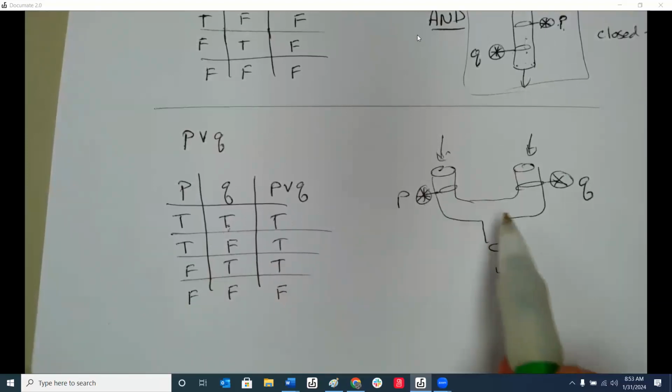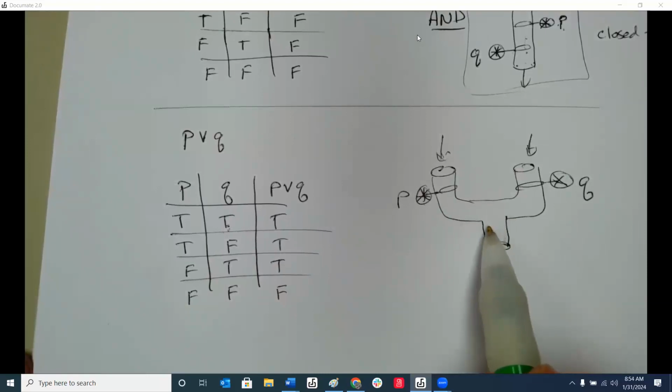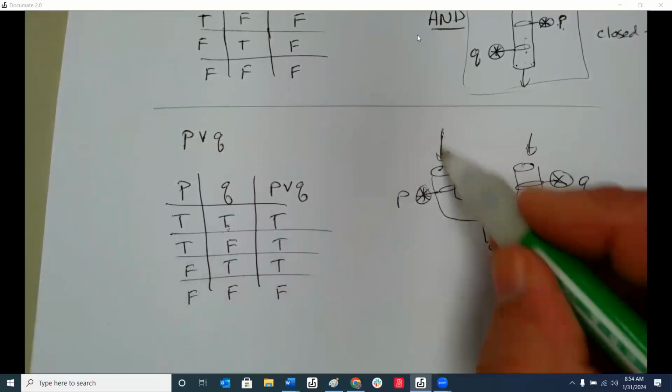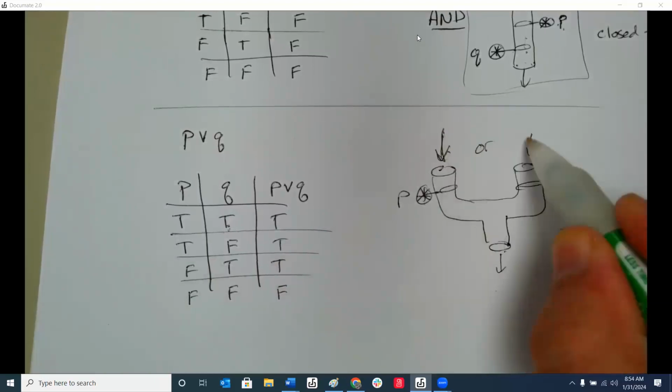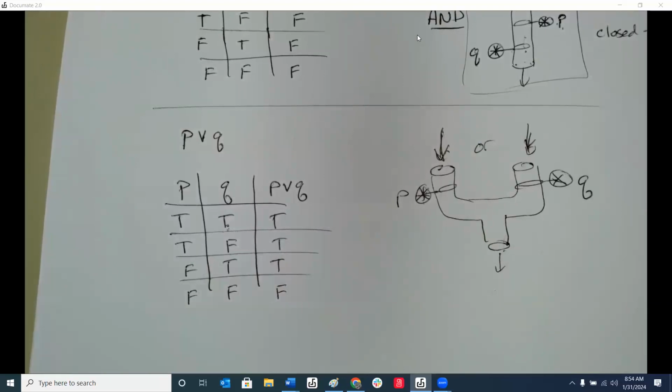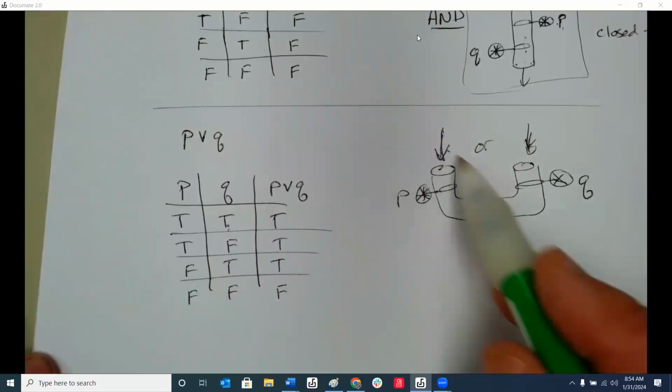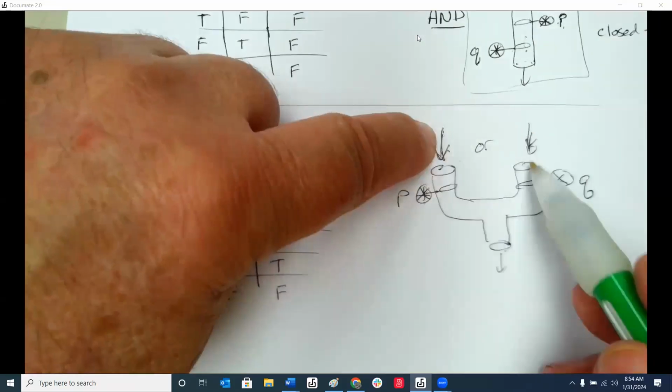Why is this one the or statement? Well, because I'm given the option. I can either pour water in this one, or I can put it in this one, or I can put it in both. It's the statement you use. I can use this one or this one.